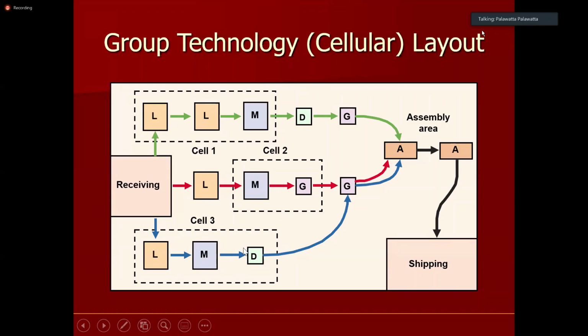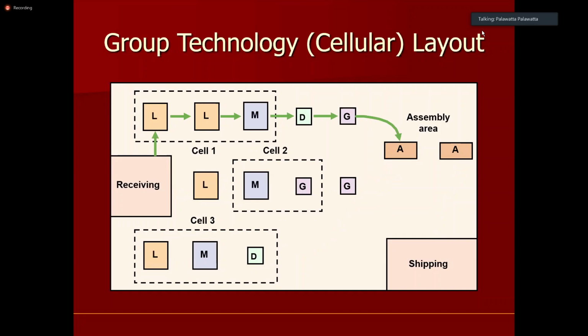Cell 3 is also more like a product layout. So we get these items with a faster production rate with the group technology layout, rather than the process layout. At the same time, we get the flexibility available in the process layout as well. So the method is grouping parts into families that follow a common sequence.